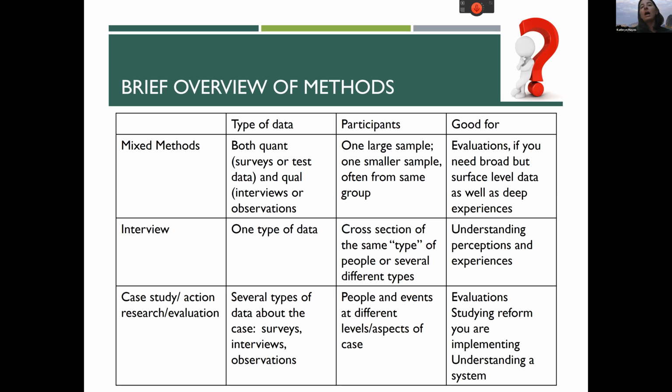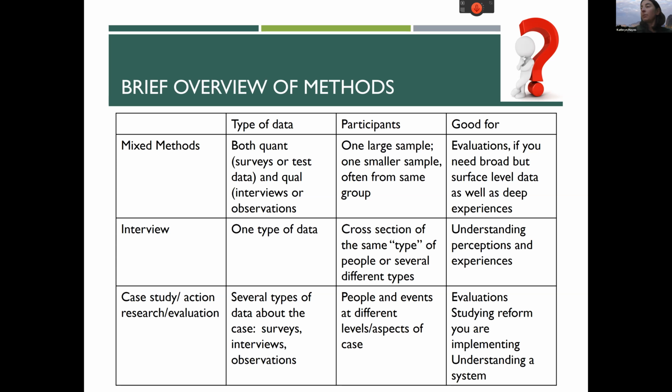In action research, it's very similar, except it's kind of ongoing and iterative. So in action research, you're asking questions like, okay, can we make a difference in how we do things? And then you try to make a change. You gather a little bit of data about the change you're making, and then you try out a new change. These things are good for evaluations.